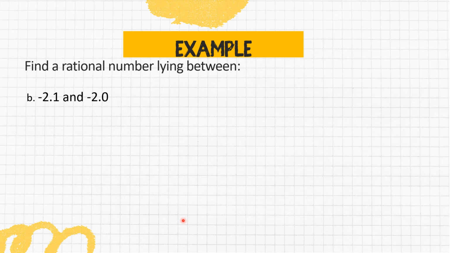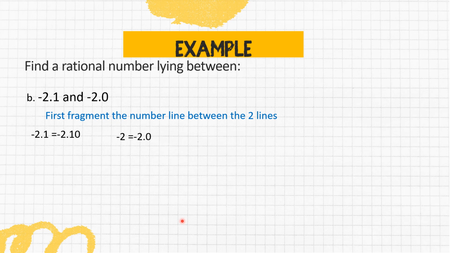minus 2.1 and minus 2. What we will do? First, fragment the number line between the two numbers. Minus 2.1 will be minus 2.10, okay?